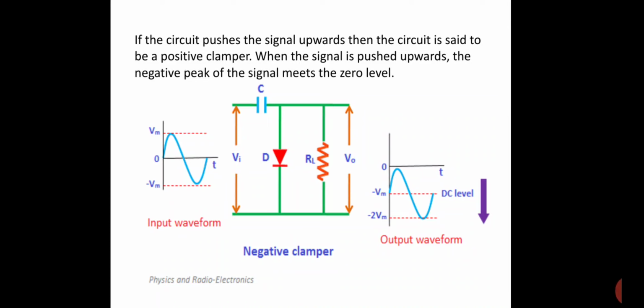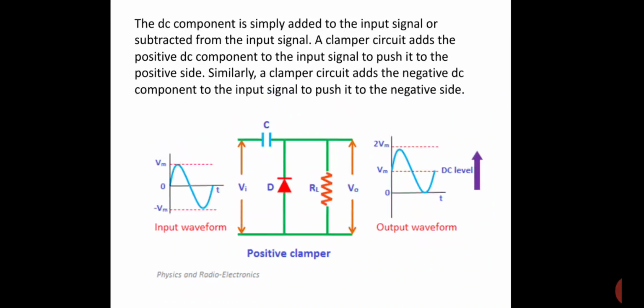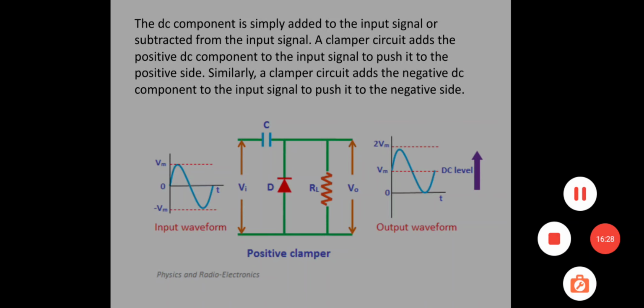It increases the output in the negative direction, so it is called a negative clamper. It removes all parts in the positive direction. But in the first diagram, it clamps the level of input in the positive direction at the output, so it is called a positive clamper. And in the negative direction the output is 0.